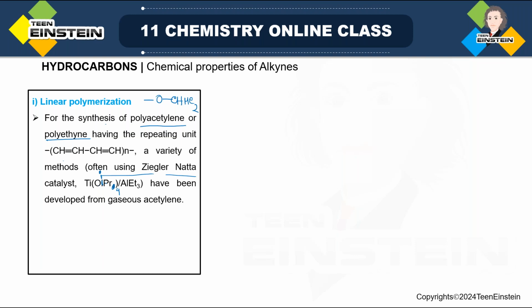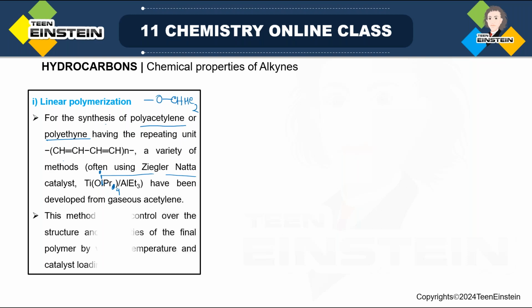So a variety of methods are there. This is just one catalyst example that has been developed from acetylene. Different types of polymerization are possible, depending on the reaction conditions we are using. The temperature is also a very important point here. This method allows control over the structure and properties of the final polymer, depending on what temperature you are using and what catalyst loading you are using.